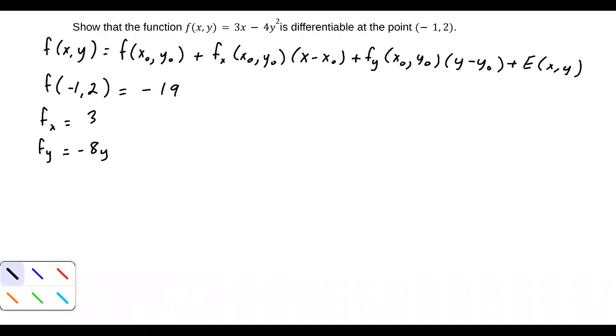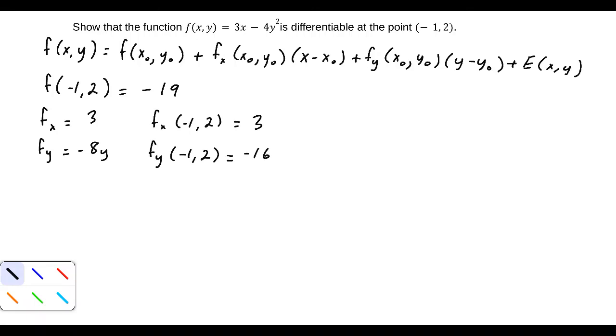So fx evaluated at the point (-1, 2) is just 3. And fy evaluated at the point (-1, 2) is equal to -16. Those are values we need.